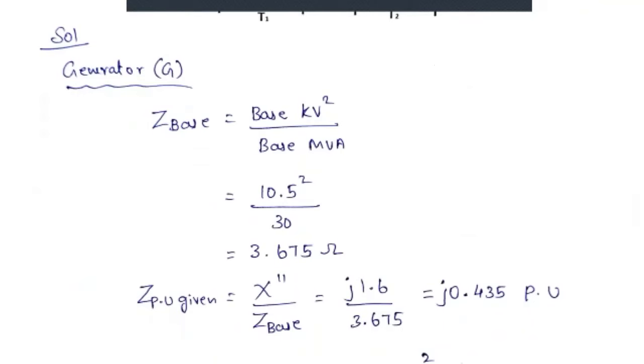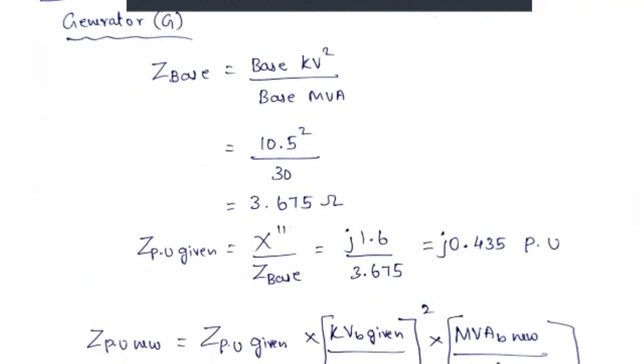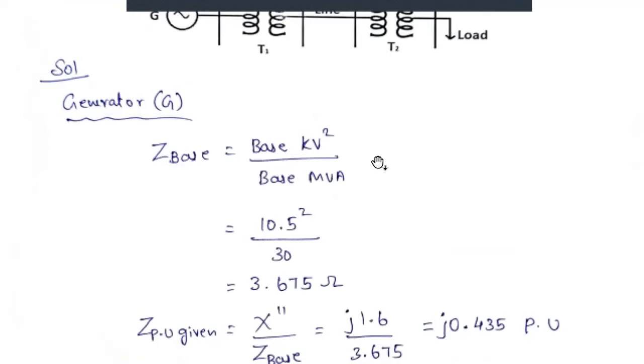Next, we need to calculate the Z per unit given, or Z per unit old value. That is nothing but X double dash divided by Z base. In this problem it is given as X double dash, that is the subtransient reactance. In some other problems, the impedance itself will be given. So whatever is given, we take that.